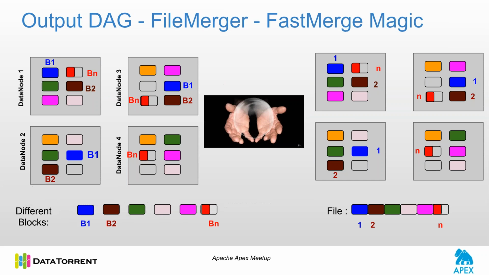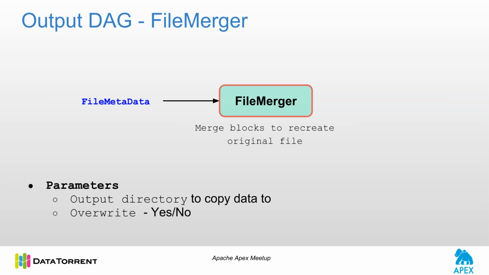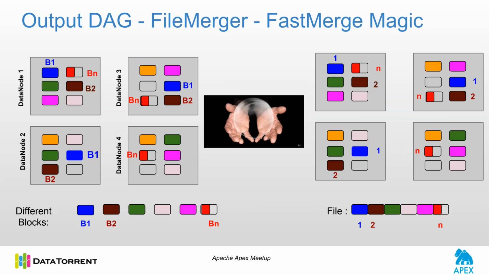Now, the typical thing that happens in this case is you already have a copy of your data on HDFS, and if you are doing serial reads and writes of these blocks one after another at the output side, it's quite time consuming. Let's say you have a 1 TB file, just recreating that file will take hours.